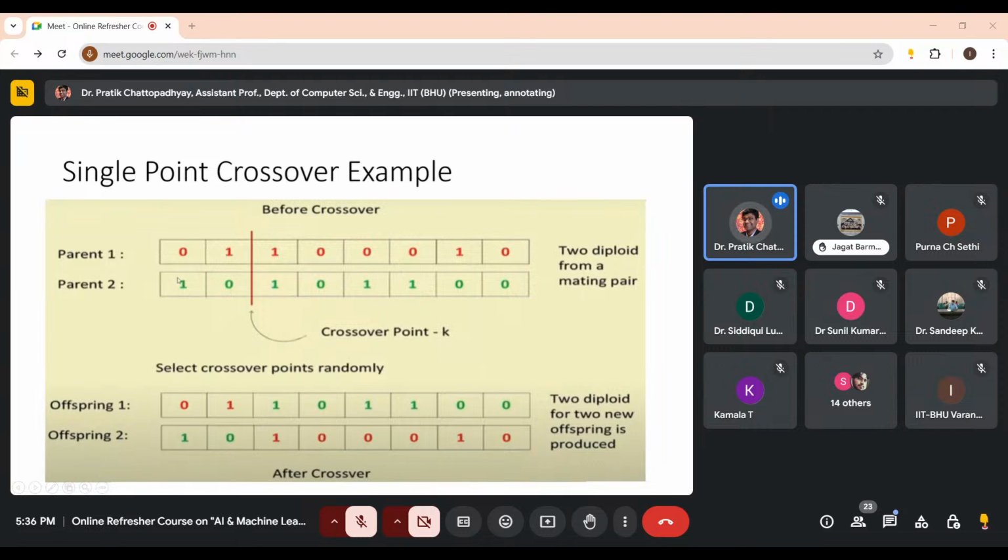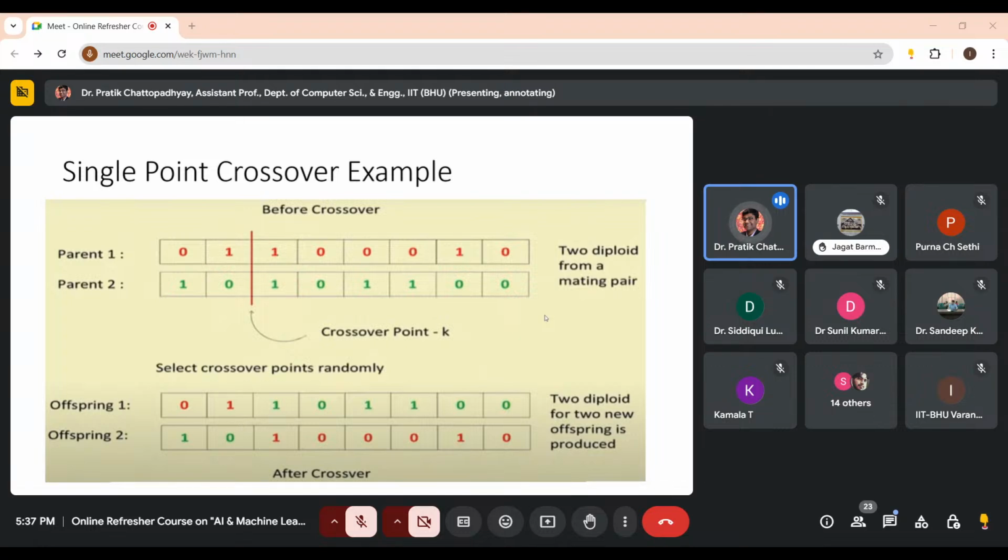For offspring 2, the first 2 bits will come from parent 2. The next 6 bits will come from parent 1. So basically, the genetic content of two parents is combined to get new offspring. This is called single point crossover. We are doing exchange about 1 point only.